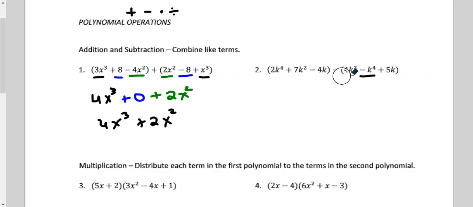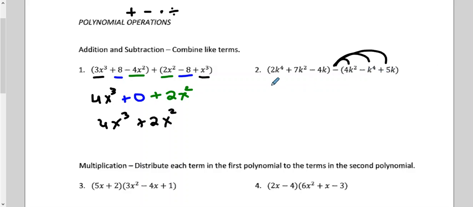Before I even do the like terms, whenever we have a subtraction, I do like to go ahead and distribute this negative sign. And what that does is it just changes the sign in all of my polynomial here, and then you can combine like terms.